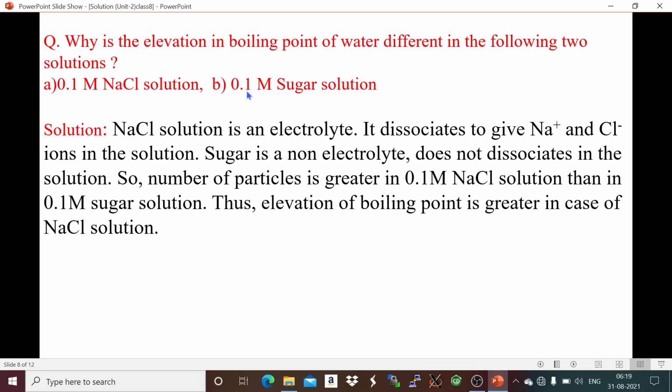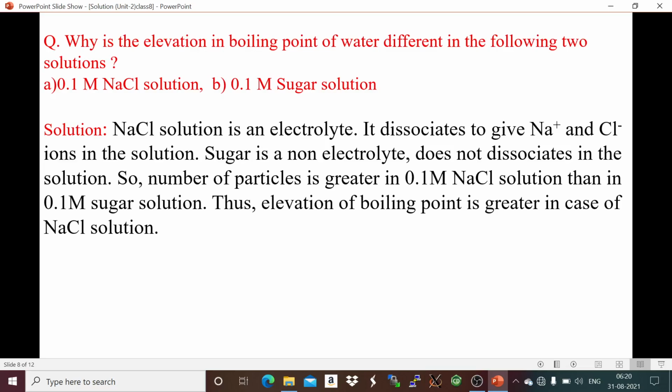The number of moles is the same, but in water sugar does not undergo any association or dissociation, while sodium chloride undergoes dissociation, that is Na plus and Cl minus. So the number of particles will change. Colligative property values are simple only for those solutes which do not undergo any association or dissociation.